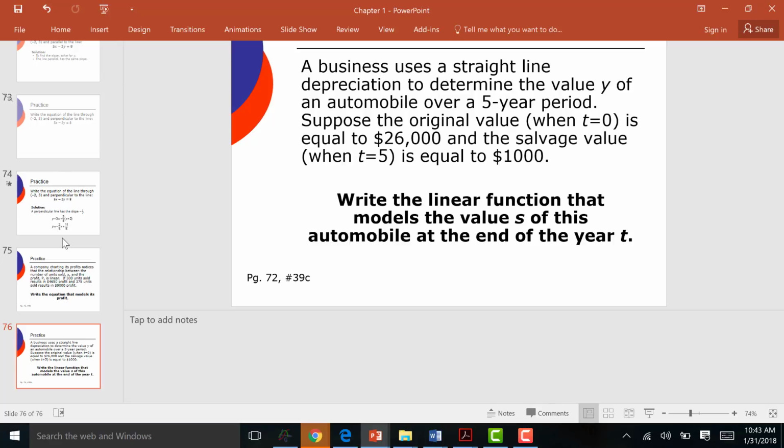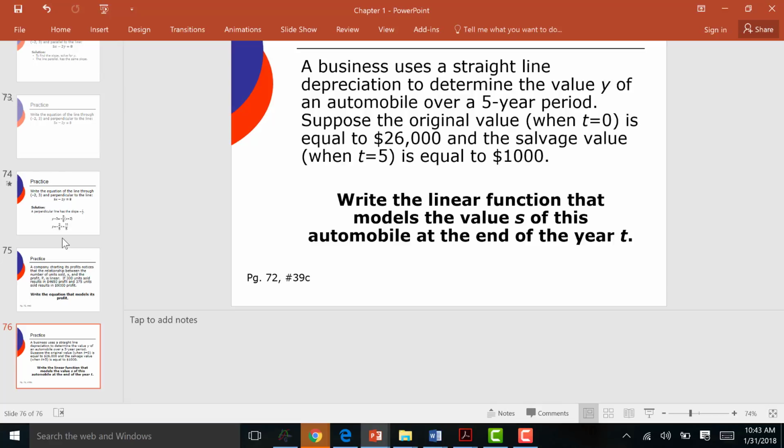All righty, let's read it together. A business uses straight line depreciation to determine the value of an automobile over a 5-year period of time. Suppose the original value, which is when t equals 0, is $26,000, and the salvage value, which is when t equals 5 years, is equal to 1,000. So t equals 0 is when you just signed the paperwork and you're getting ready to drive it off the lot.